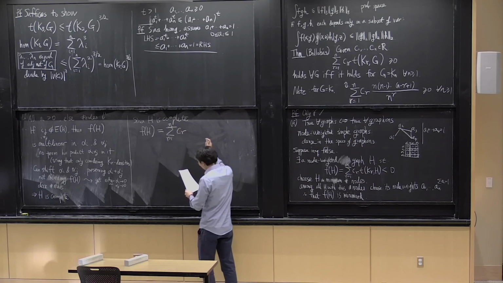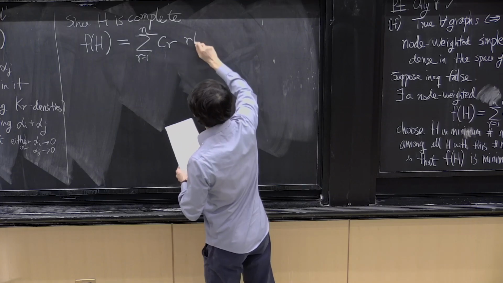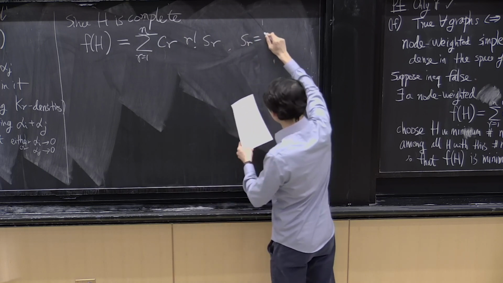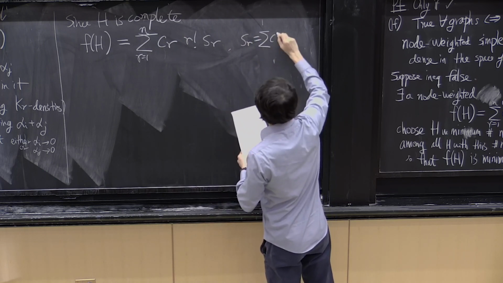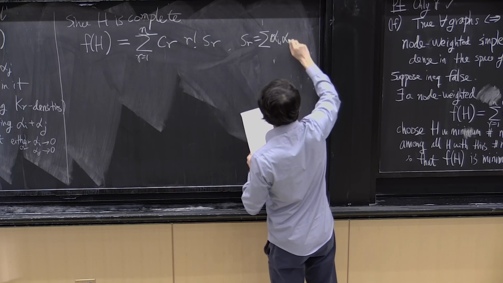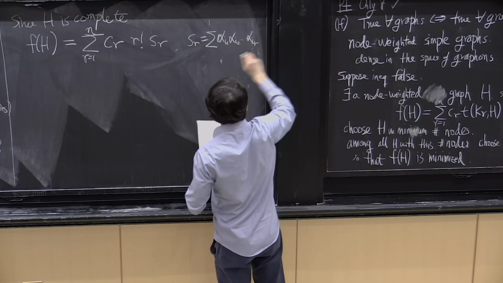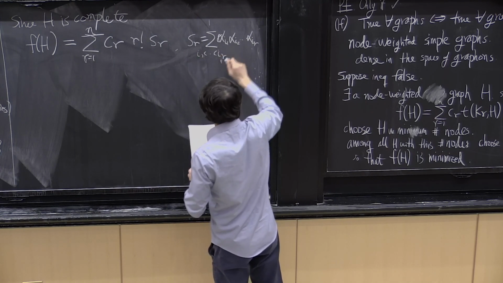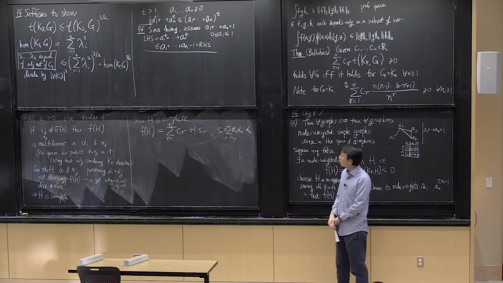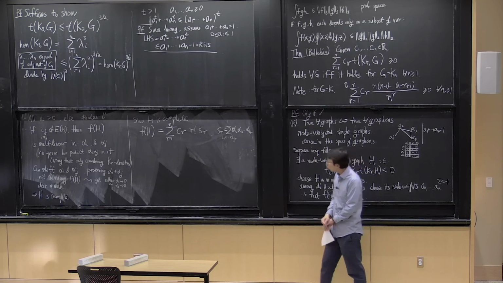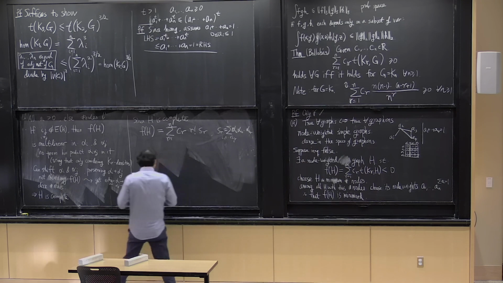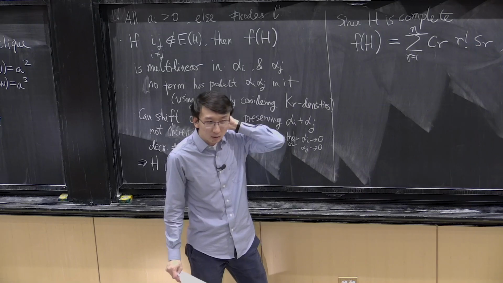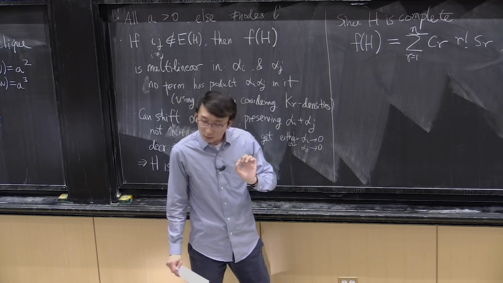Namely, it's C_r times r factorial times S_r, where S_r is a symmetric polynomial where you choose r of these alphas for each term in this sum. It's just the elementary symmetric polynomial.